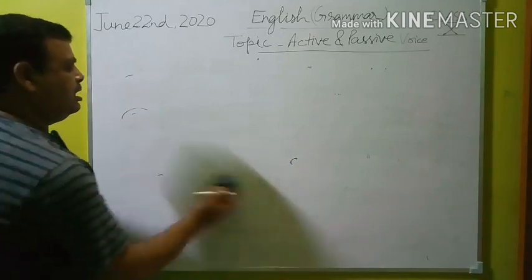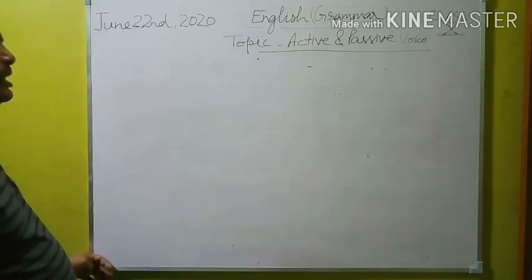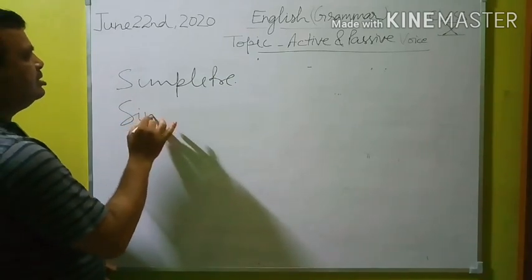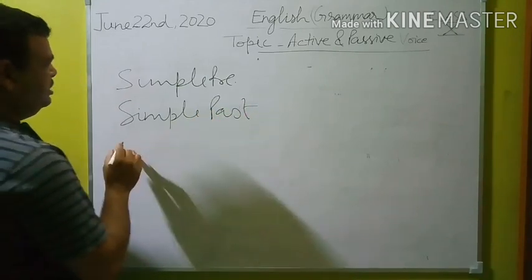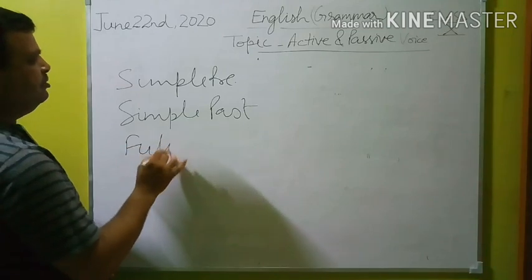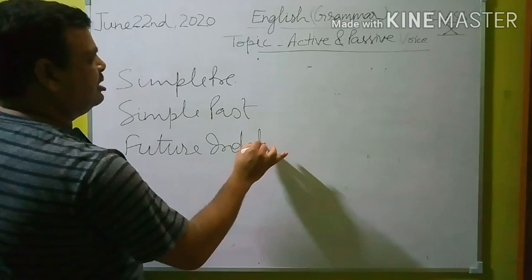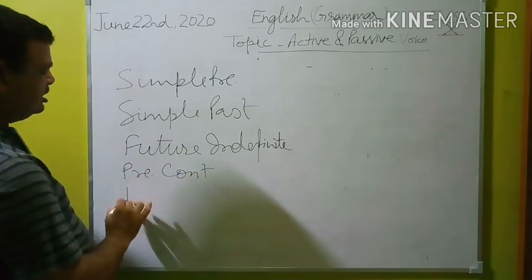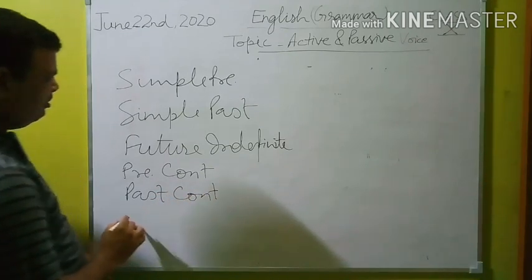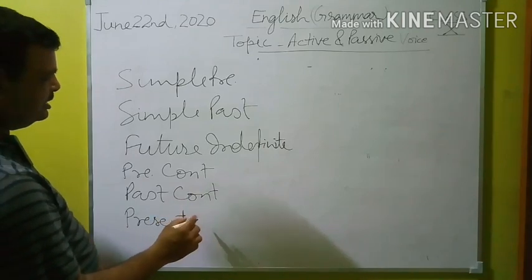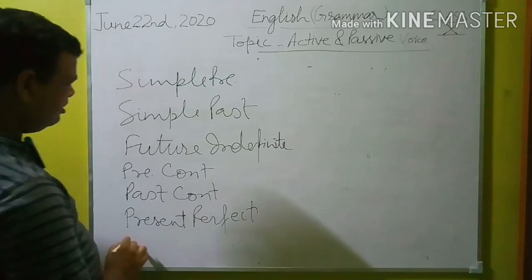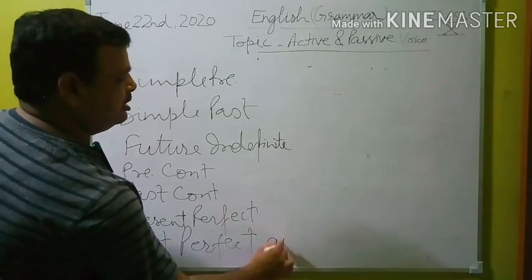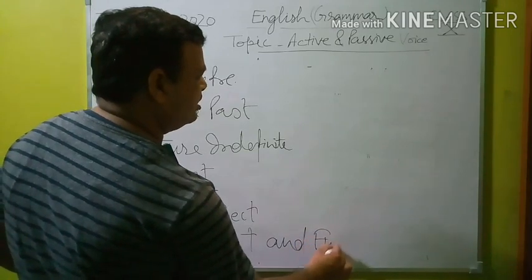First of all, these 8 tenses are, let me tell you, simple present tense, then simple past, then future indefinite, and here present continuous, past continuous, present perfect, past perfect, and last one, number 8, future perfect tense.